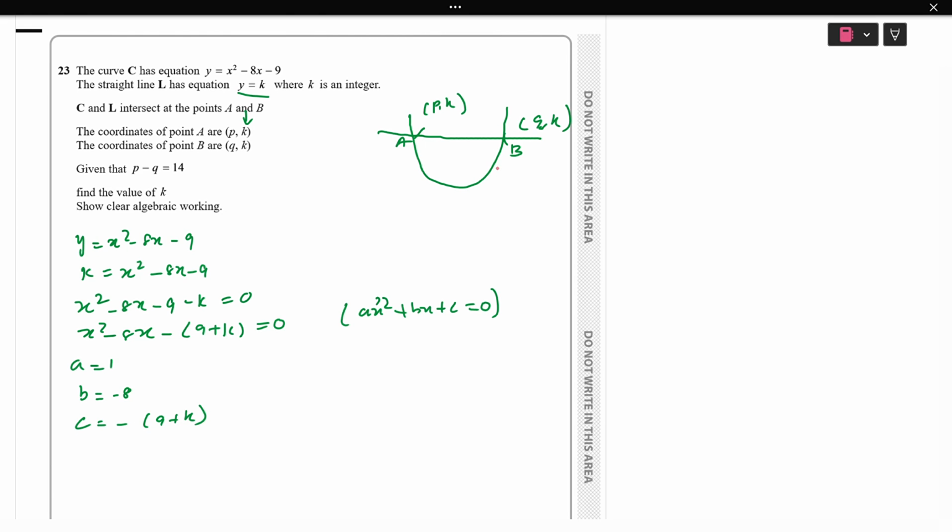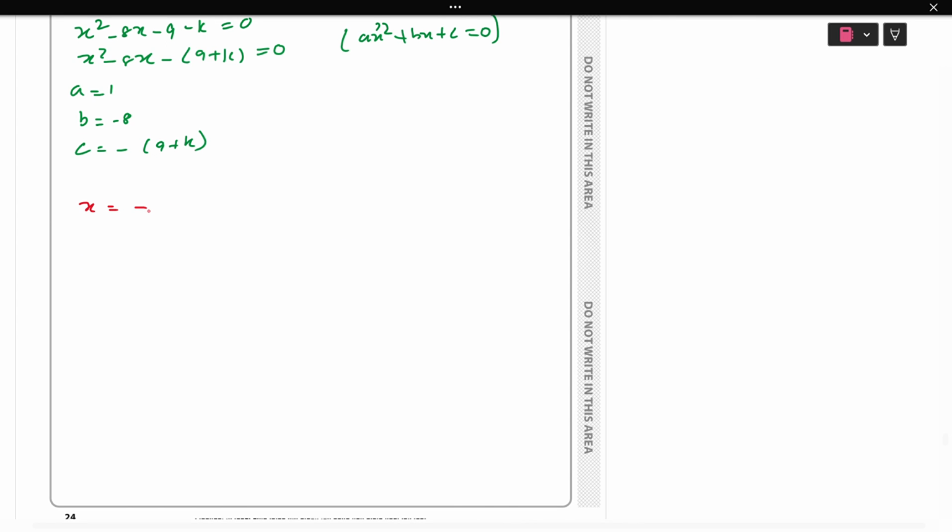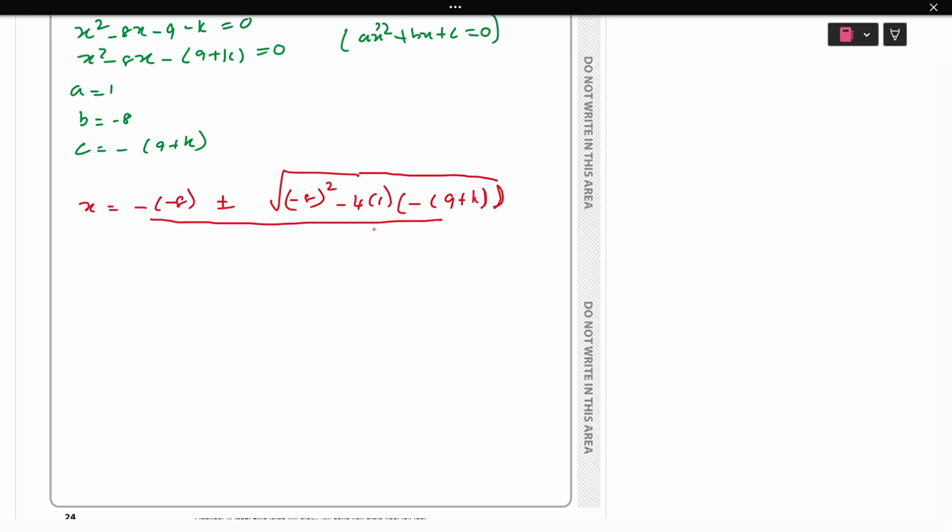Using the quadratic formula, x equals minus b plus or minus the square root of b^2 minus 4ac, over 2a. So x equals minus of minus 8, plus or minus the square root of minus 8 squared, then minus 4 times a times minus (9 plus k), over 2.